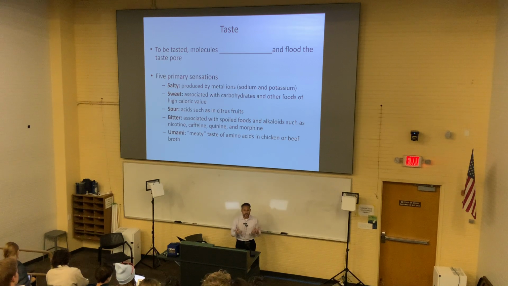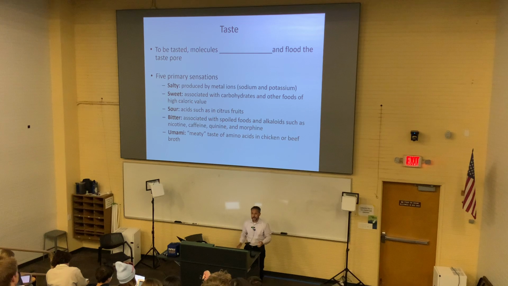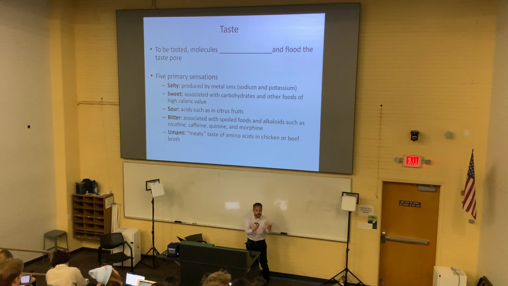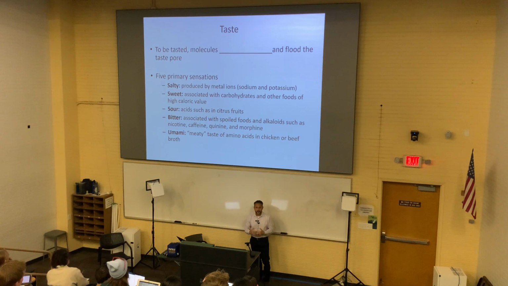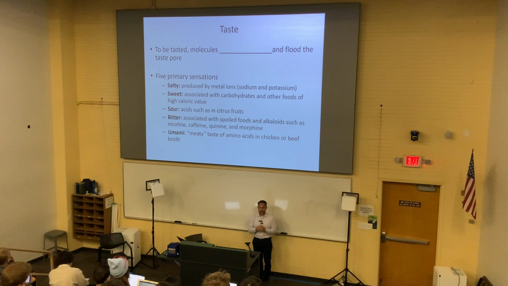Salty: the interpretation of salty is when the food substance has chemicals that are high in sodium and potassium. These are produced by a lot of metal ions and give that chemical signal of salty, which makes sense. Sodium, right? Sodium chloride is table salt.